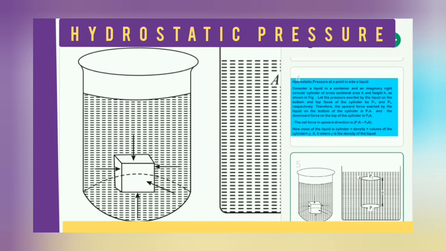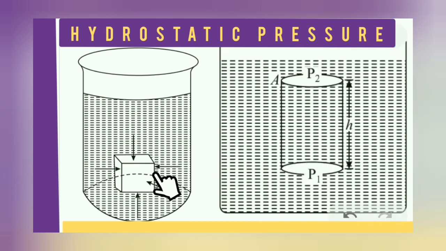Here see, this cube is immersed in a fluid. From all sides this liquid is exerting force on the walls of this cube, but this force is always normal to the surface of the cube. So we call this force thrust.